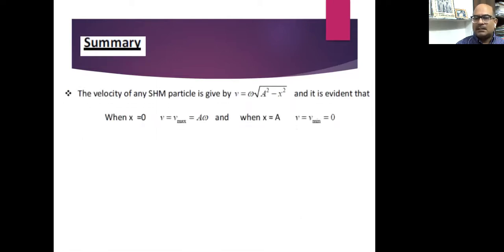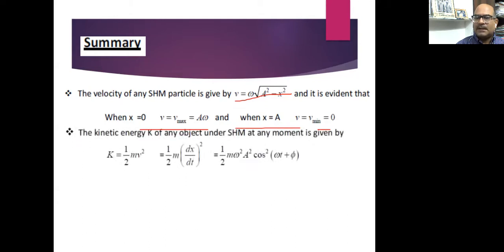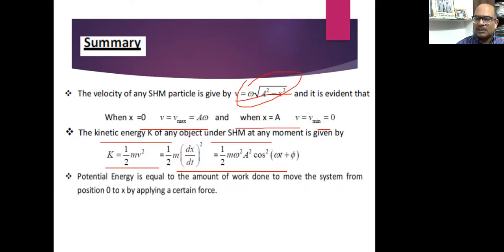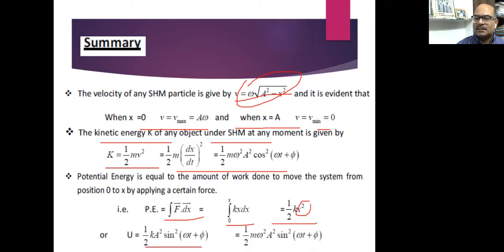We can easily find the velocity and the maximum value and the minimum value of the velocity. We can find the kinetic energy of this object by using the value of the velocity. We can find the potential energy by integrating F dot dx, that is kx dx, giving half kx square, and putting the value of x.